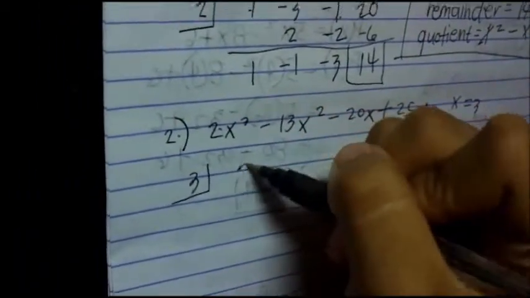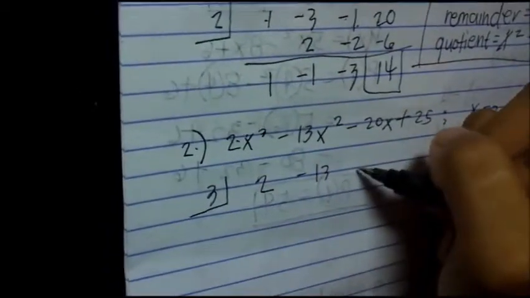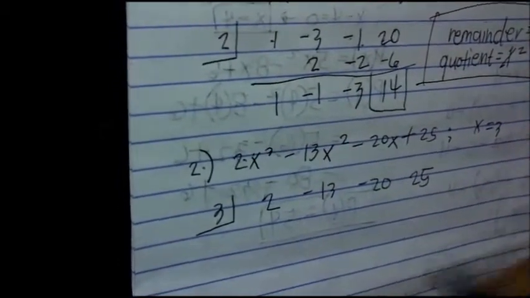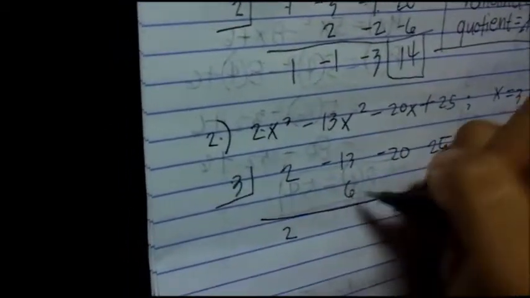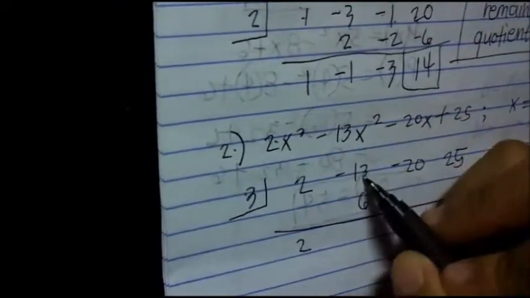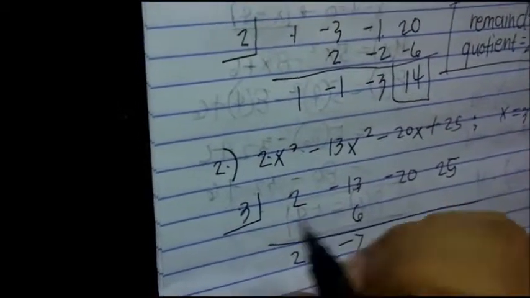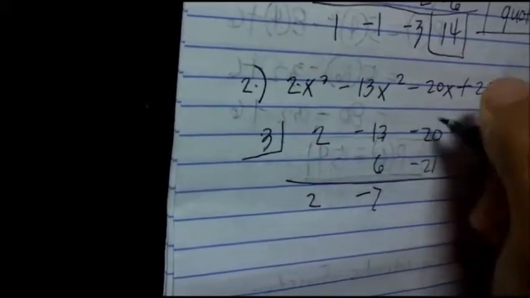Then 2 for the x cubed, negative 13, negative 20, then 25. So bring down 2. 2 times 3 is equal to 6. Negative 13 plus 6 is equal to negative 7. Negative 7 times 3 is negative 21. Then negative 20 plus negative 21 is negative 41.